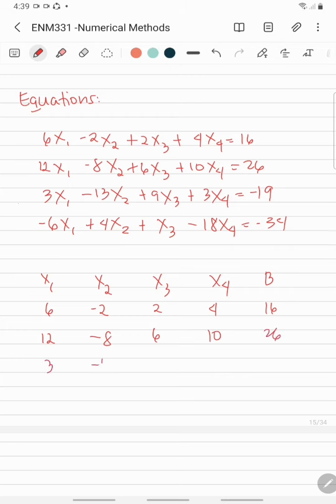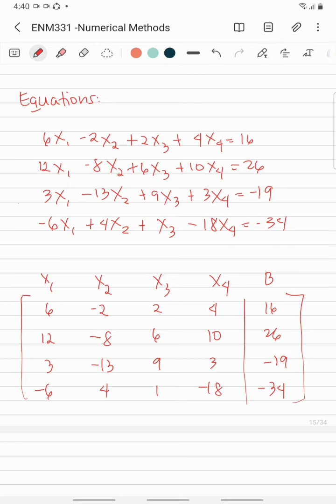Then 3, negative 13, 9, 3, negative 19. Then we have negative 6, 4, 1, negative 18, and negative 34. So I have this augmented matrix.